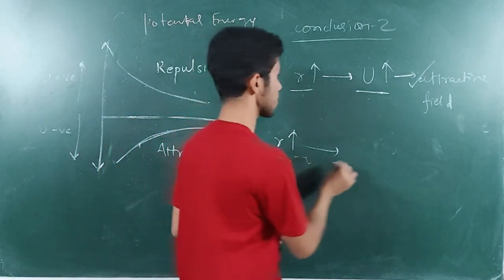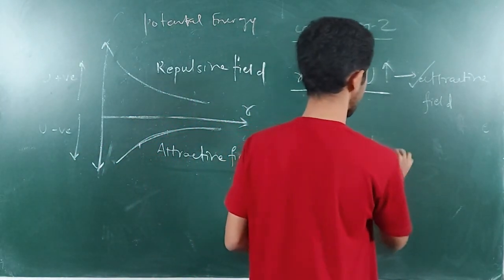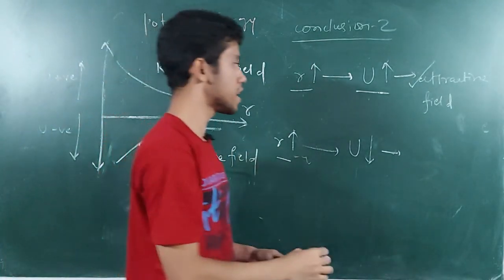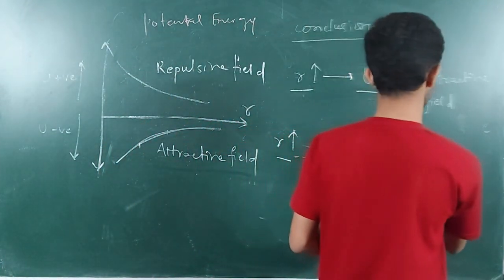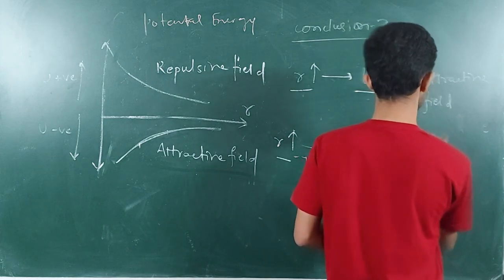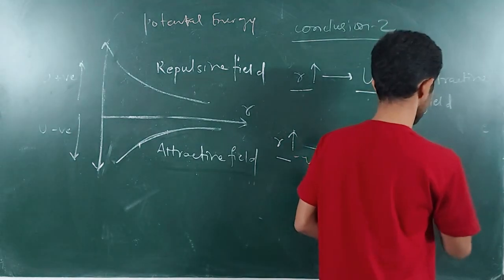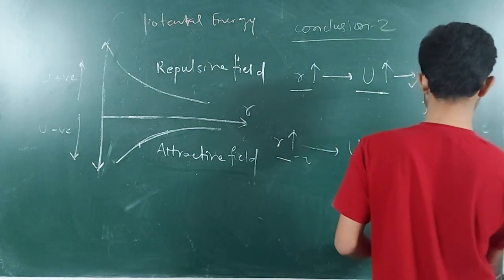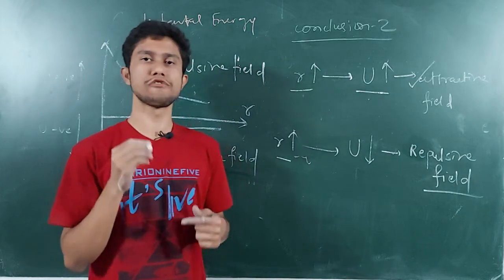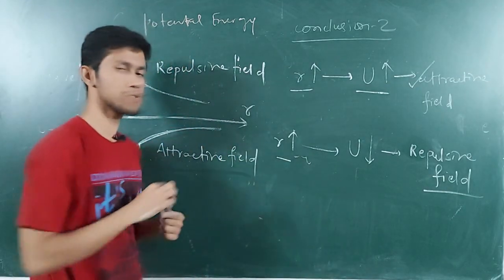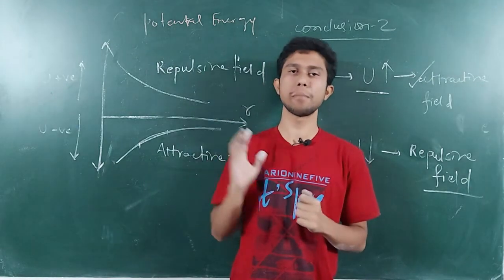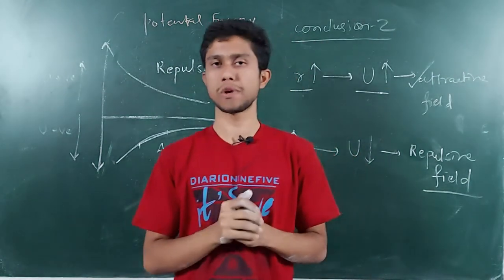So with increasing r, if you see a decreasing potential energy, then it will be this graph, and I know this graph is a repulsive field because it lies above the positive axis. So it is a repulsive field. So these are two conclusions which are very, very important with respect to this graph. This is the one graph which you have to understand and keep in your mind so that you can solve most of the questions which come.